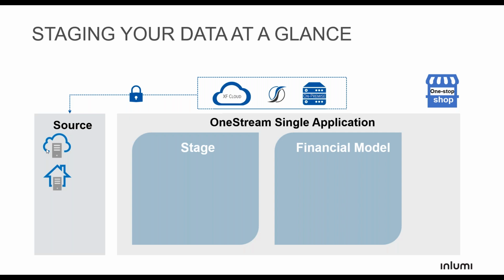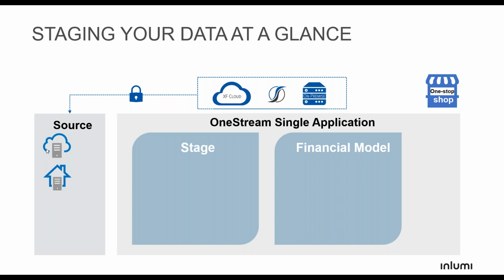And that is thanks to the scripting engine, which is very powerful in OneStream, and it works the same in the cloud and on-prem. Okay, so if we want to have a hybrid integration, having OneStream in the cloud and then extract data from on-prem systems, for example, the only thing we need is to set up in our OneStream platform the VPN tunneling to get access to that system.